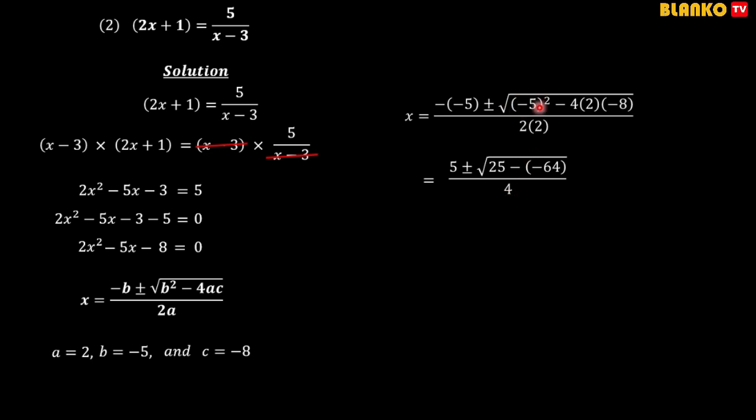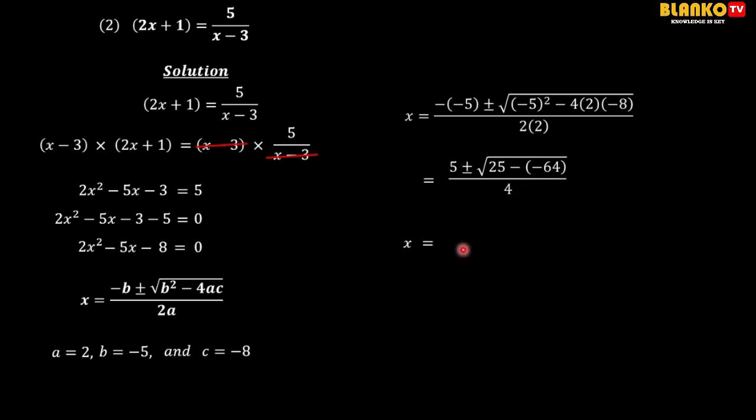So negative 5 squared is what? 25. And 4 multiplies 2 multiplies negative 8 to what? Negative 64. And then 2 multiplies 2 to what? 4. So we have 5 plus or minus the square root of 25 minus negative 64 all over 4.